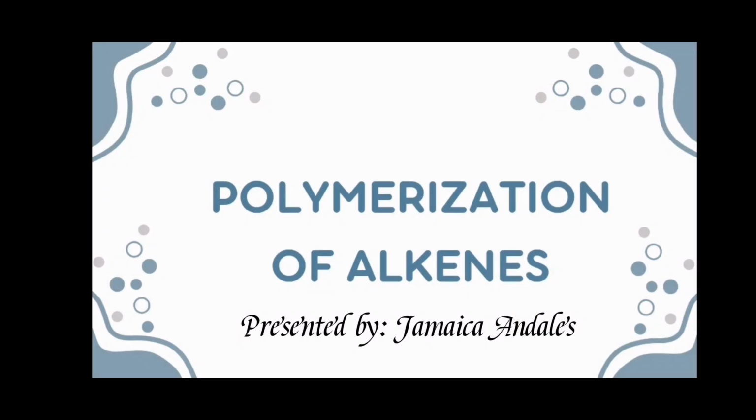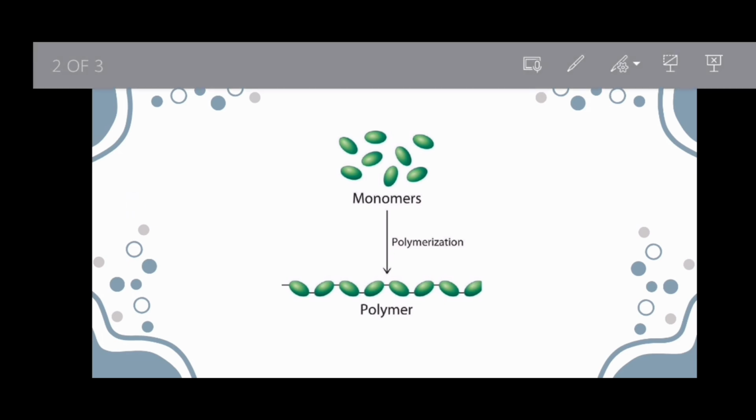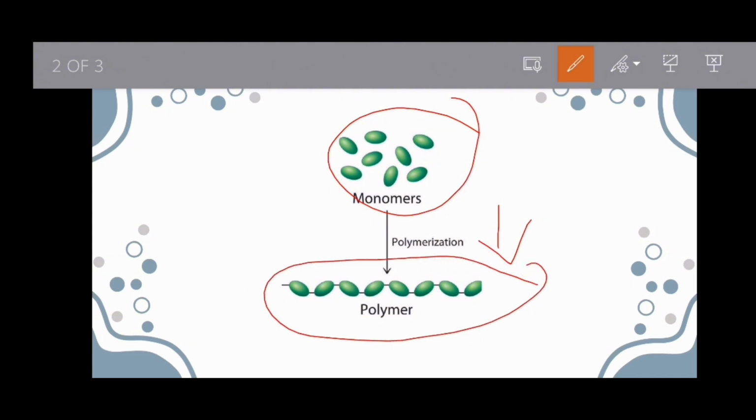Polymerization of alkenes. Polymerization of alkenes is when small molecules called monomers link together to form a long chain called a polymer. This is the monomers. It undergoes the process of polymerization, and then the result is polymers.